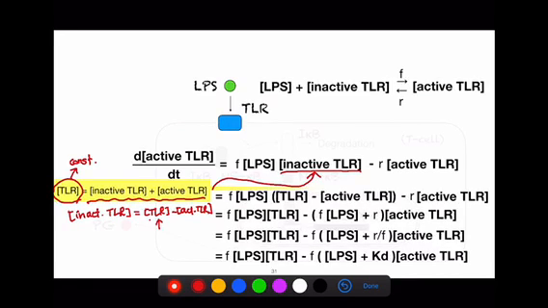Now TLR is constant once again, so we are essentially considering active TLR only. The reason why we are only considering active TLR is because we are considering the differentiation of active TLR over time. So we can rewrite the equation like this.